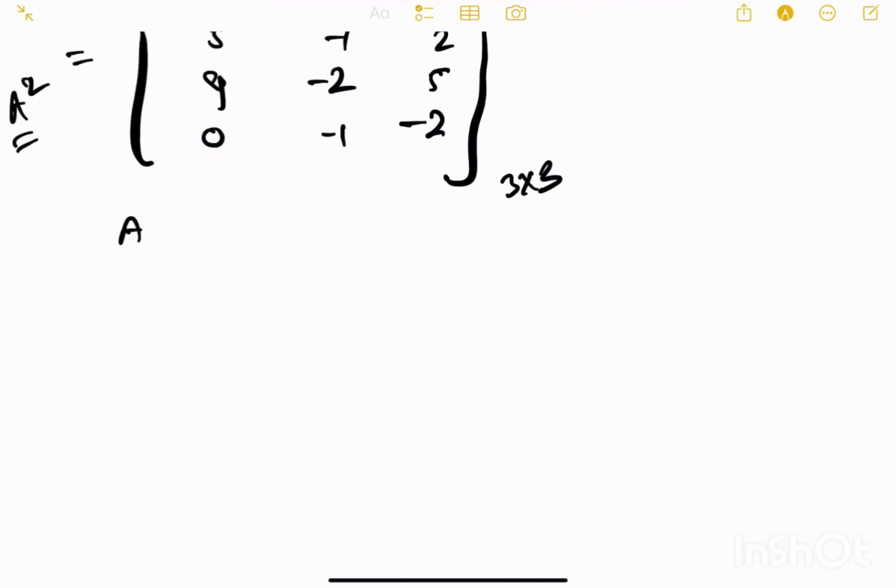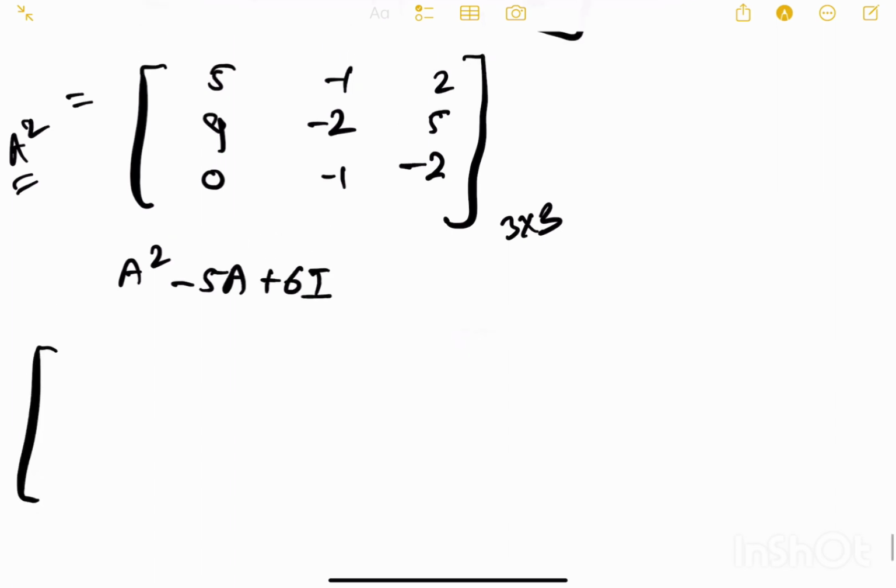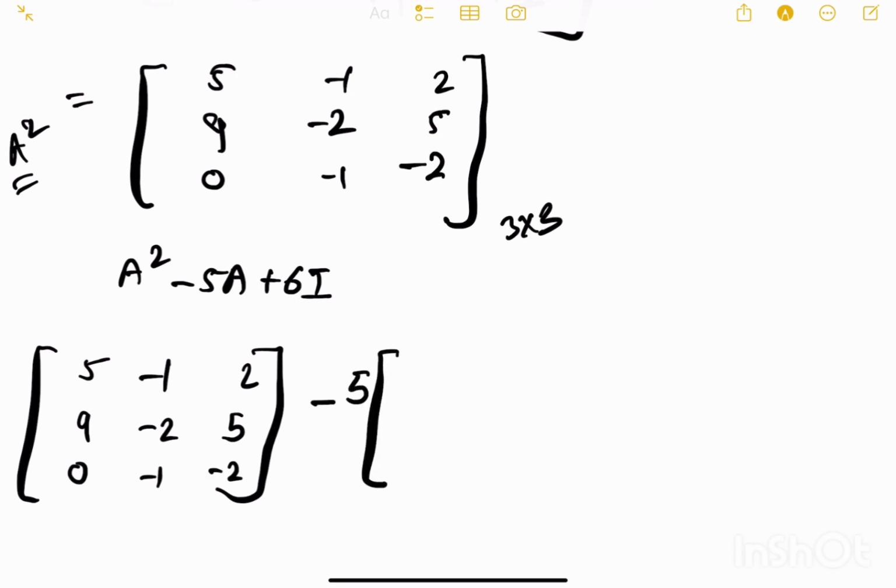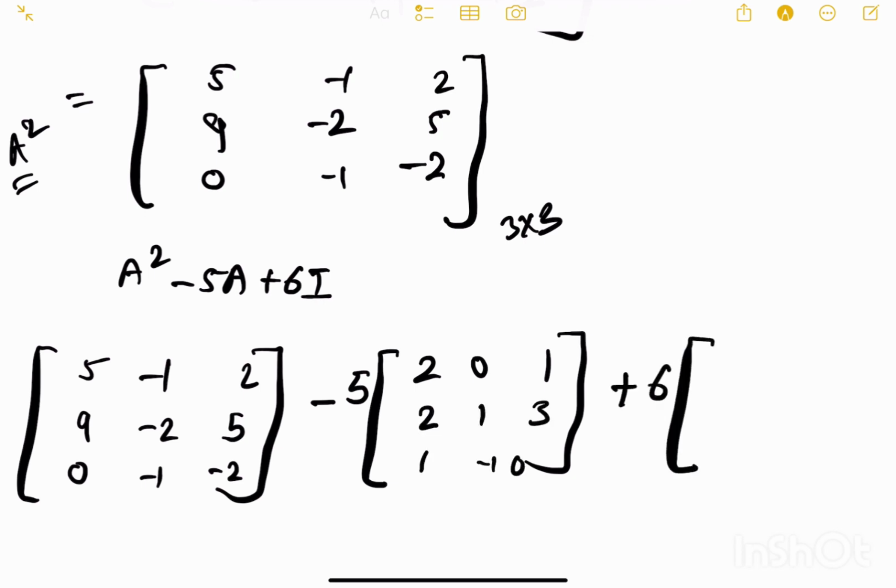Now we will just substitute the value in the given expression. What is my A square? It is 5. What is my A? And what is my identity matrix there?